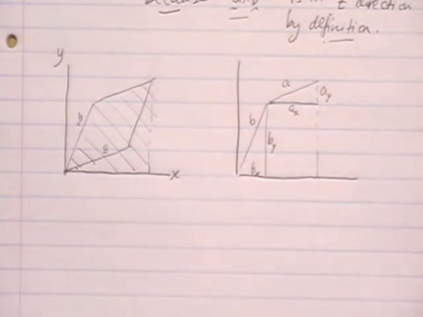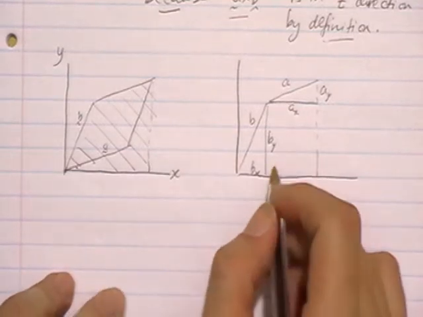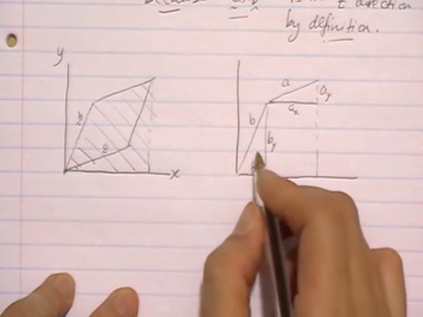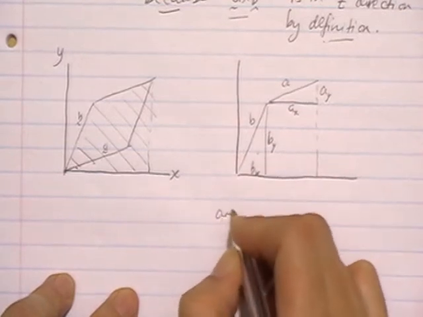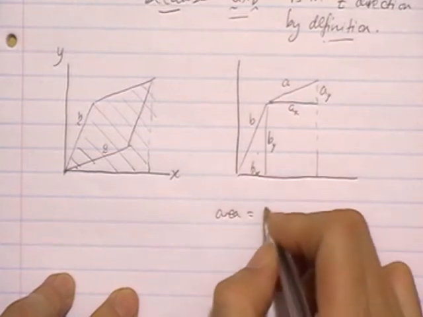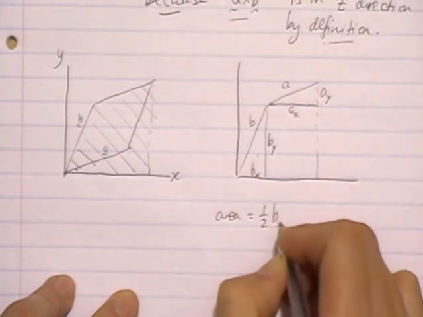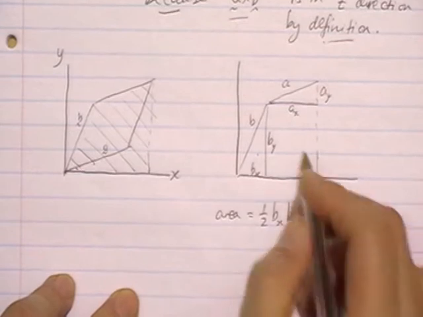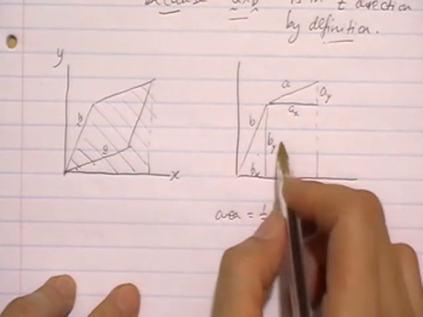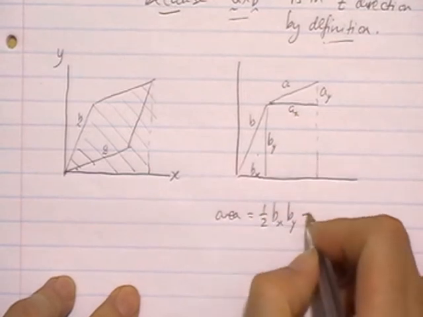Now you can see that we have a very simple way to write down the area. This area is half base times height for this triangle, so half of BX, BY. That area is just a rectangle, it's AX times BY.